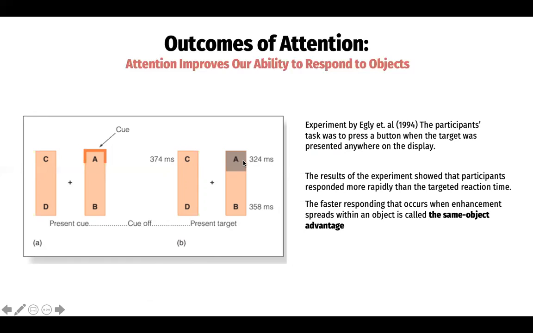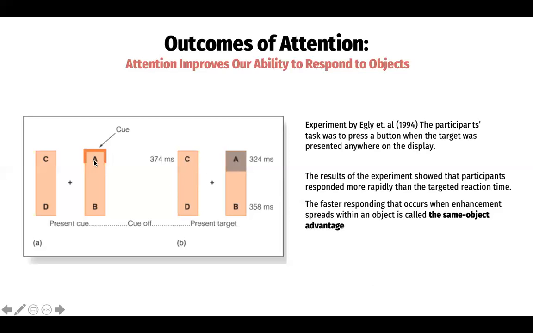The participants' task was to press a button when the target was presented anywhere on the display, and the numbers indicate the reaction times in milliseconds for 3 target locations when the cue signal had been presented at A. Not surprisingly, the participants responded most rapidly when the target was presented at A, where the cue had been presented.